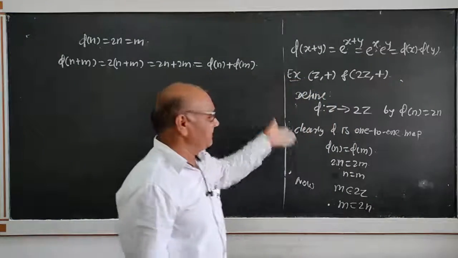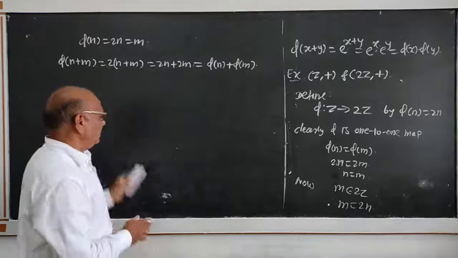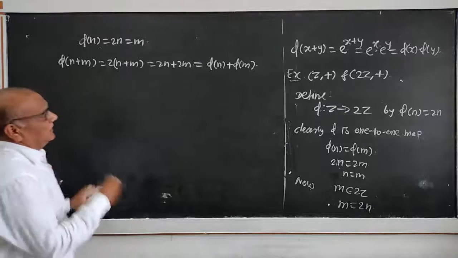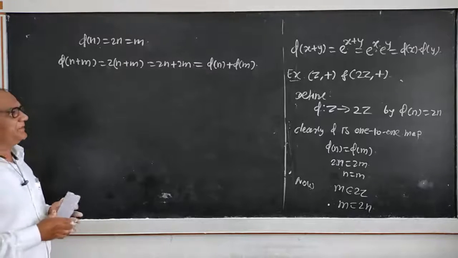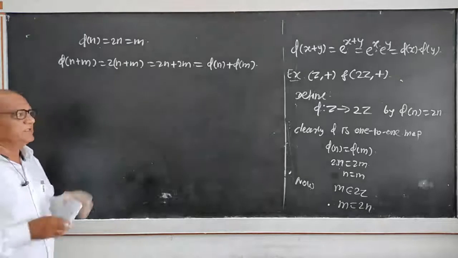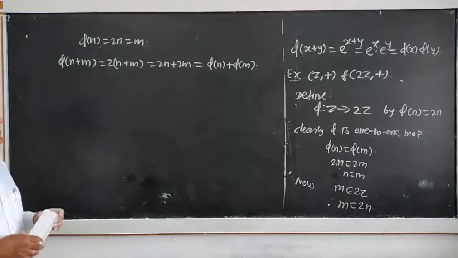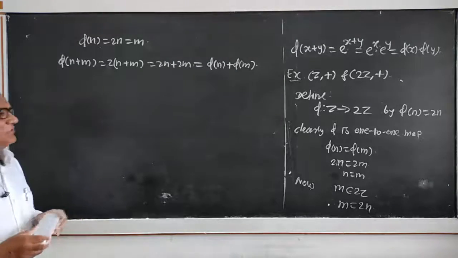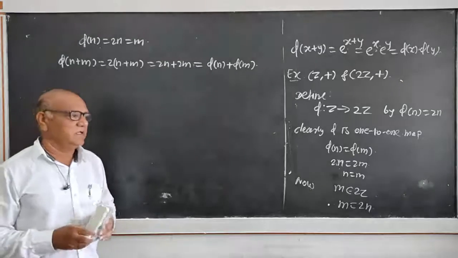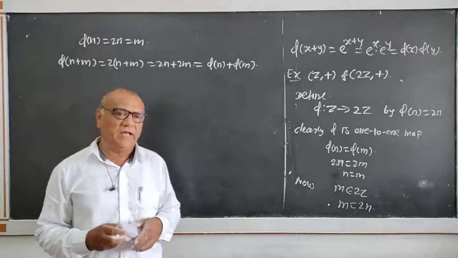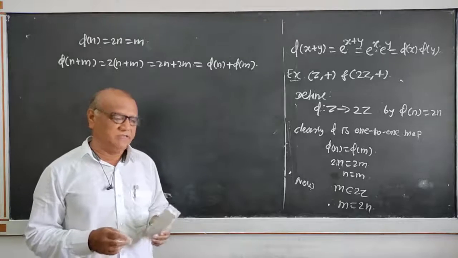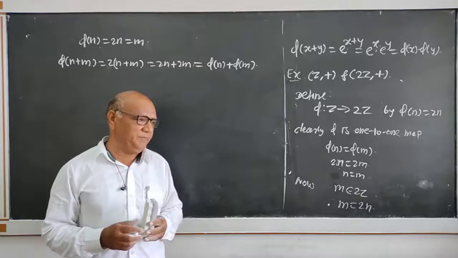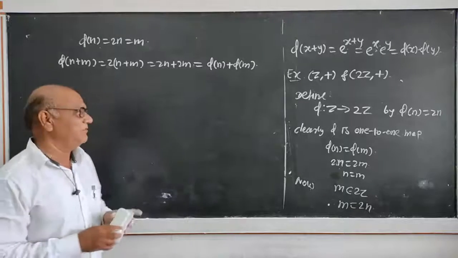Here we see how to show two binary structures are isomorphic. First, define a map. Second, show this map is 1 to 1. Third, show this map is onto, and last condition, phi of x star y is equal to phi of x star dash phi of y.